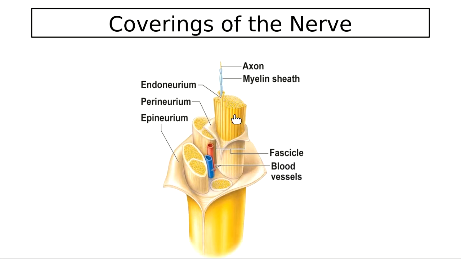And that goes in and covers each individual fiber as the endoneurium. So endoneurium, fibers of the perineurium, which invaginate to cover each of the fibers, axons and dendrites of the fascicle. And you can see it right there. It's on the outside of the myelin sheath. So the coverings are named very similarly: whole nerve, fascicles of fibers, individual fibers.